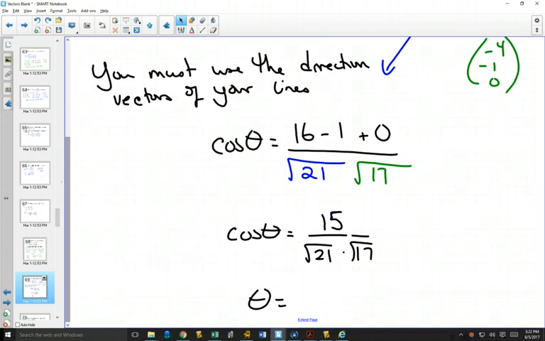Retype this into our calculator. 37.5 degrees. Thank you. That -1 wouldn't change the length because we're squaring things.